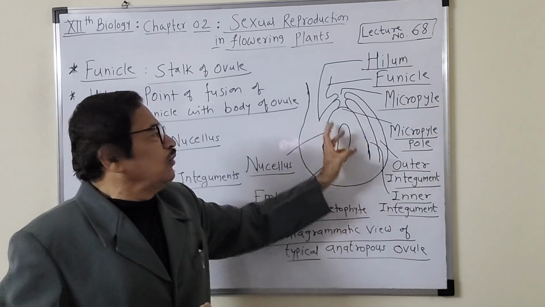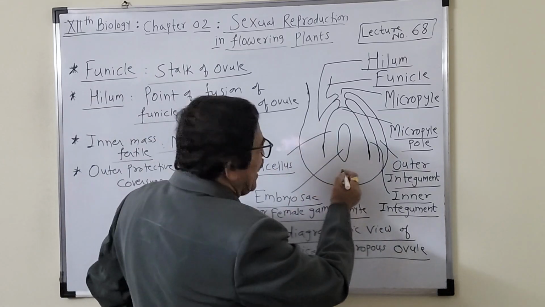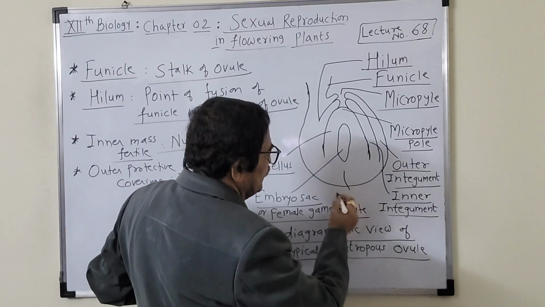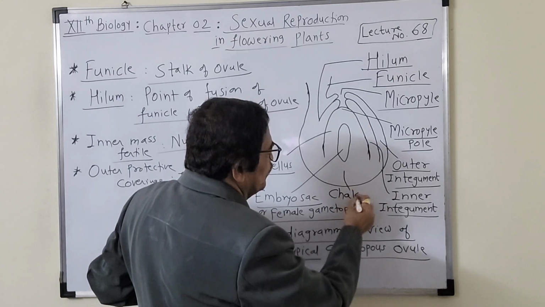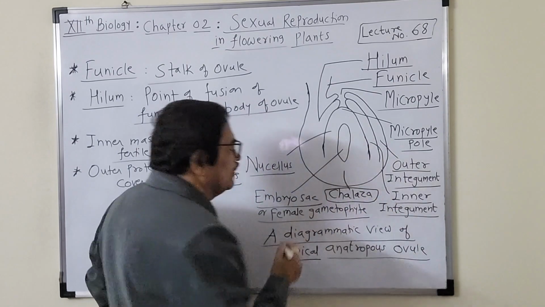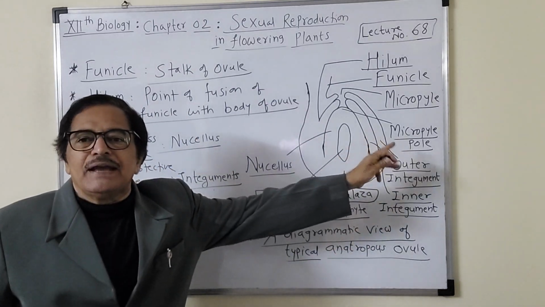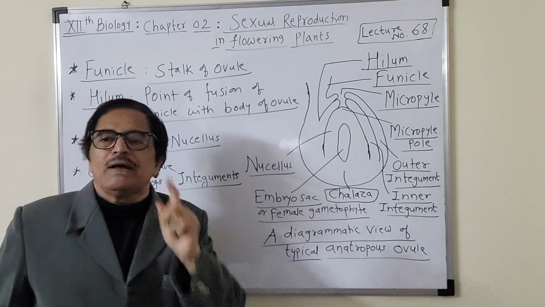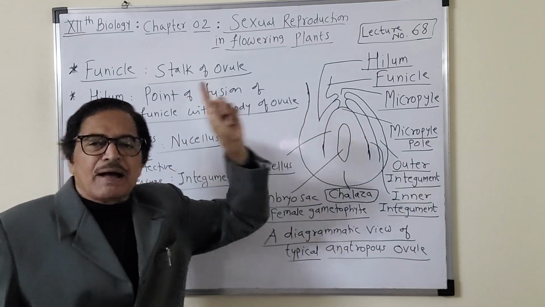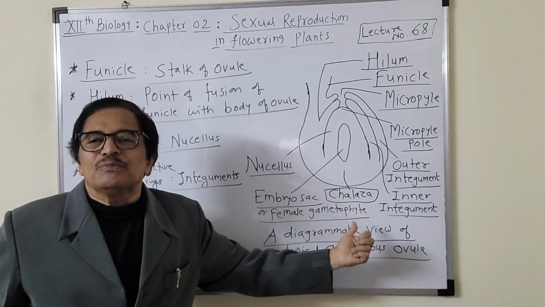The end of the ovule where micropyle is present is called as the micropylar pole, and this opposite end, which is forming the base of the ovule, is called as chalaza और दैट इज कॉल्ड द चैलोजल एंड. तो दो एंड उसके ध्यान में रखो, माइक्रोपाइल एंड एंड चैलोजल एंड. Micropylar end is present towards the micropyle and chalazal end is present at the base of the ovule.